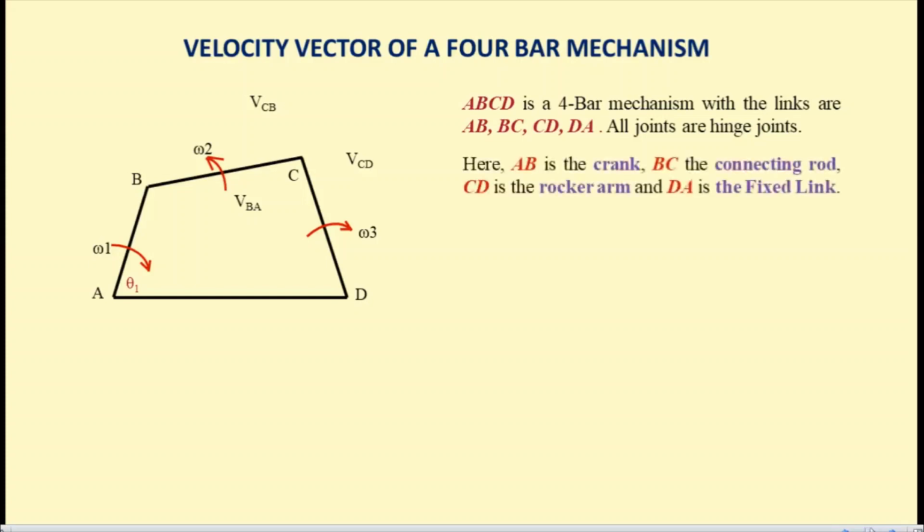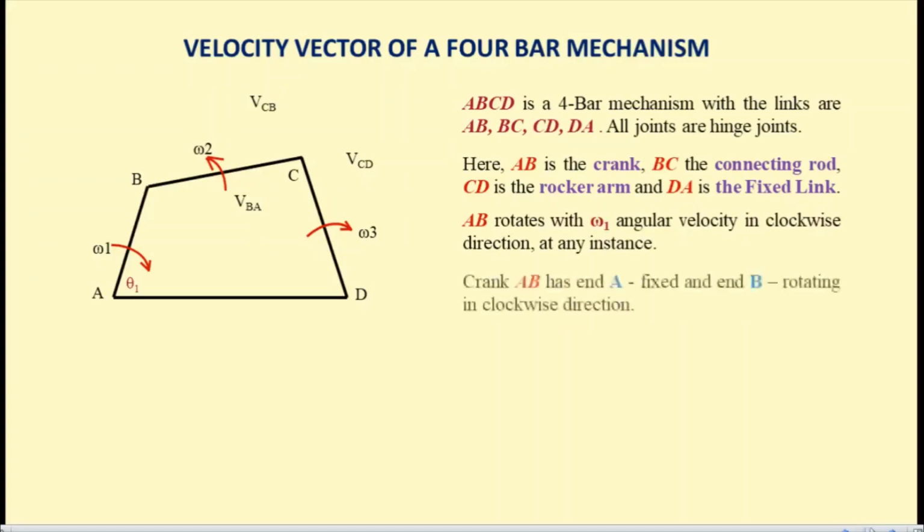Now in this type of mechanism, let us consider the prime mover is connected at point A. So AB is considered as the crank, BC is the connecting rod, CD is the rocker arm, and DA is the fixed link. Now AB rotates with angular velocity omega 1 in the clockwise direction at any instance.